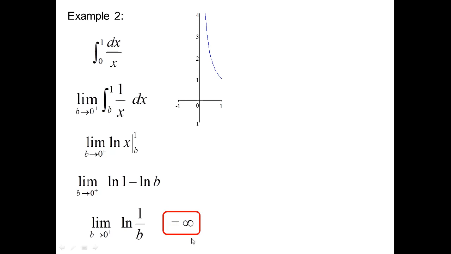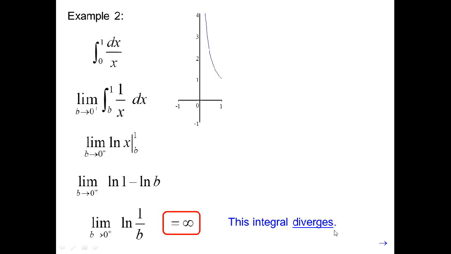So that means that the area under this curve from 0 to 1 does not actually approach a set value or a finite value. So this is not one that we can evaluate. And we say that this integral diverges because the area under the curve as we add more and more area does not approach a certain value. It just continues to grow and grow.